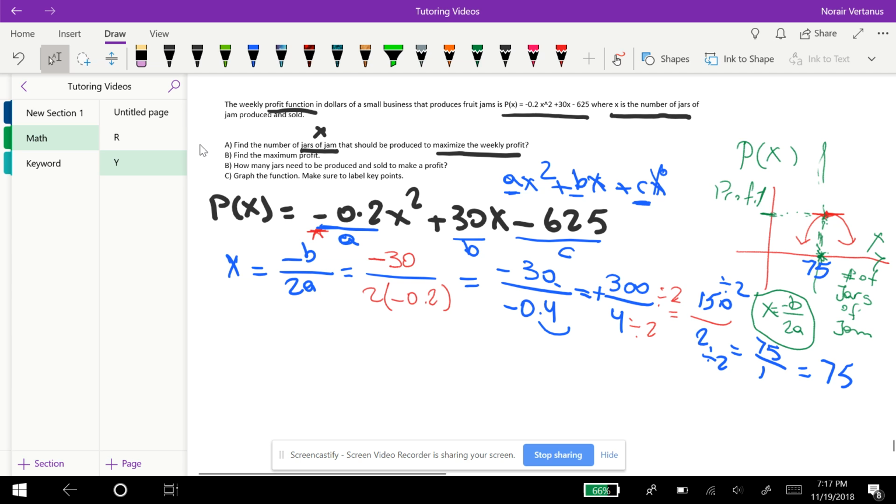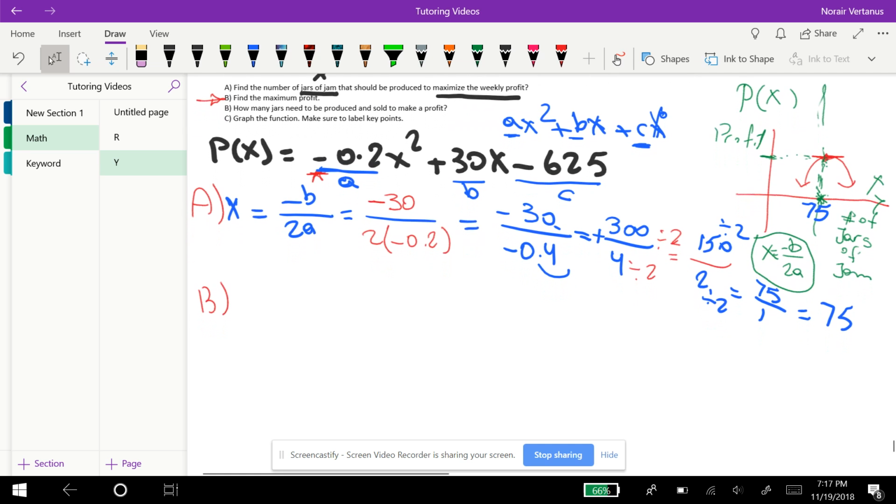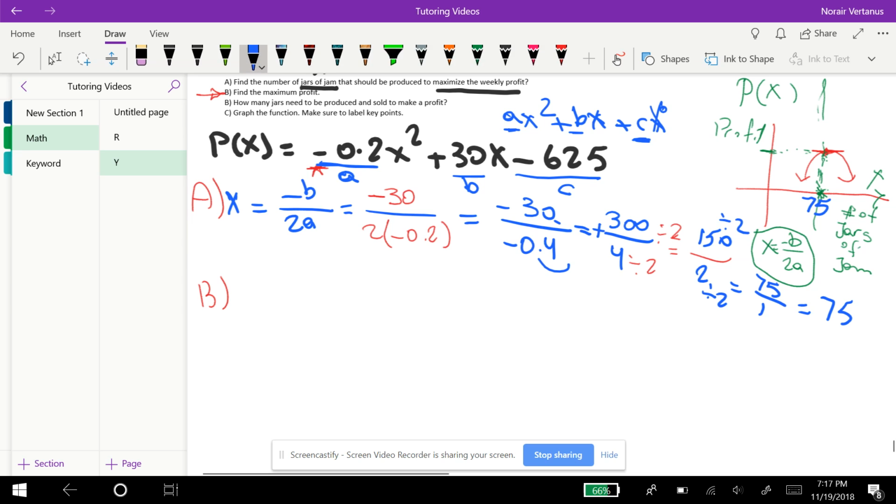Now the question for B says find the maximum profit. So this was A. For B, what is the maximum profit? That's basically P of x, the y value. Substitute 75 into the equation and you're going to get P of x.